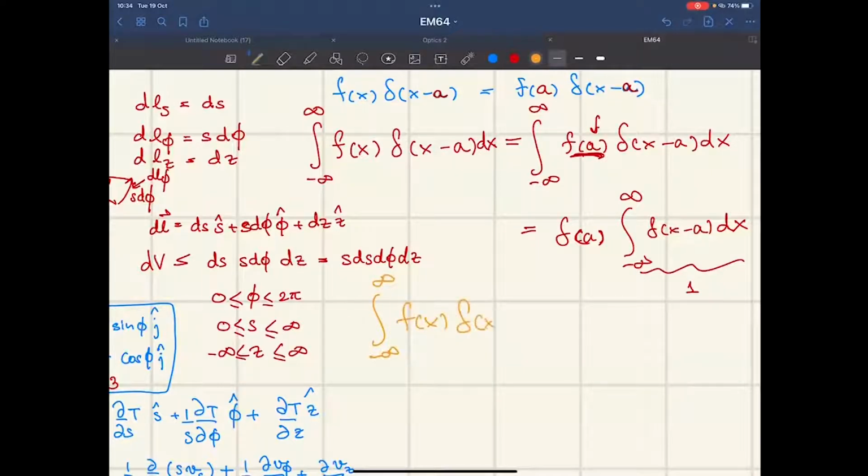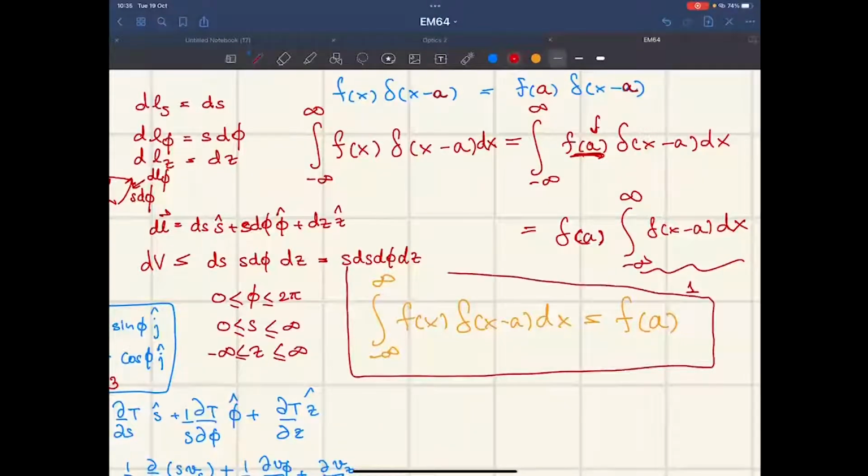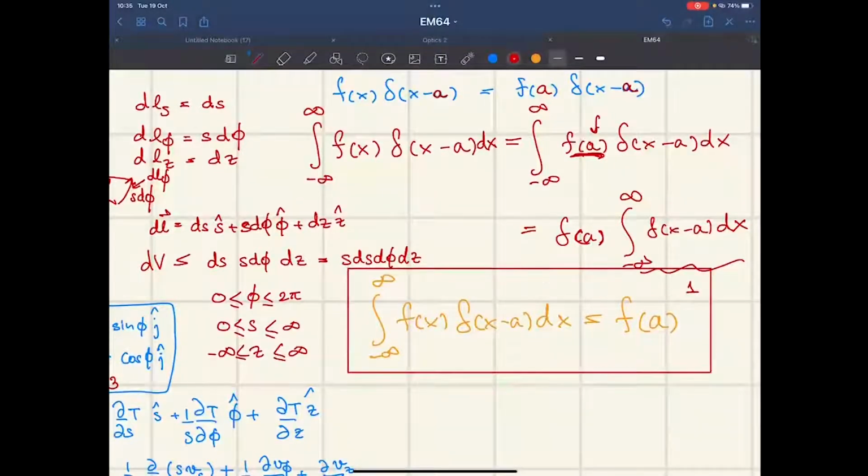So we actually have the final expression here, f of a. If a is 0, it's like that.